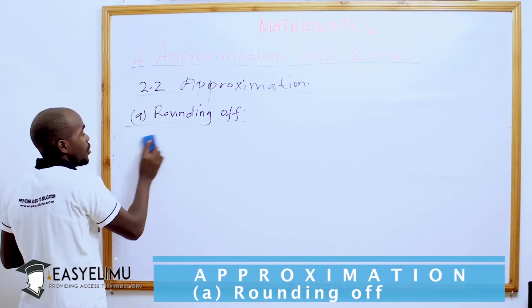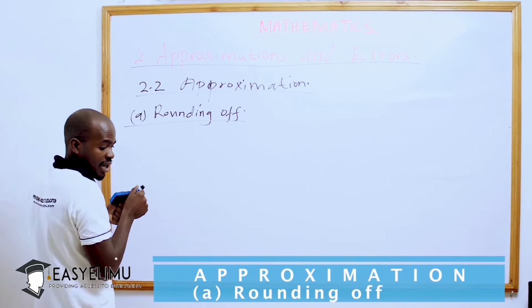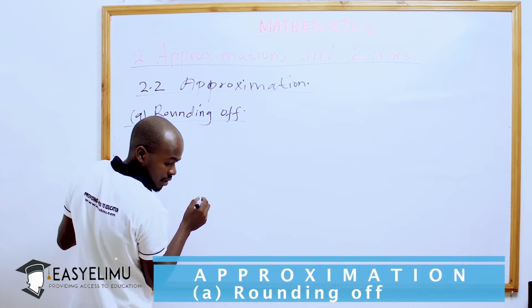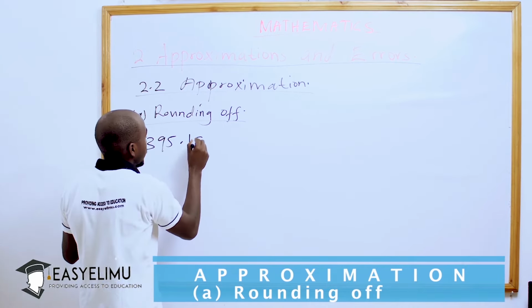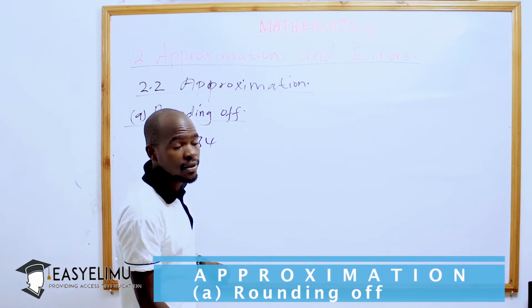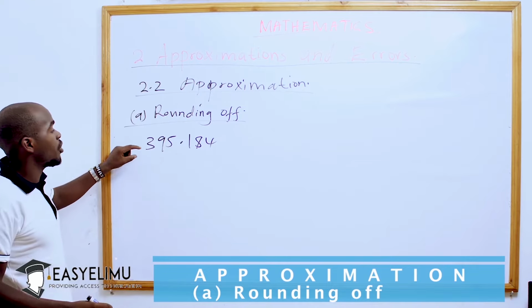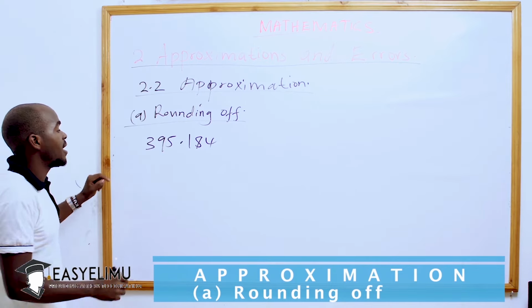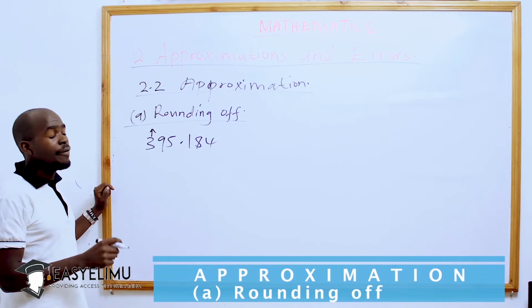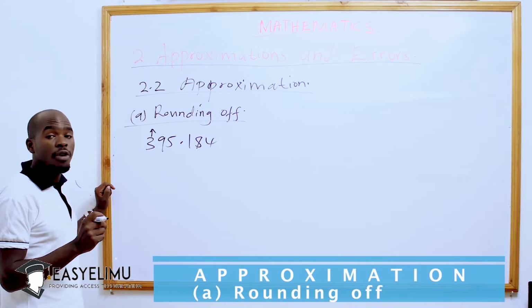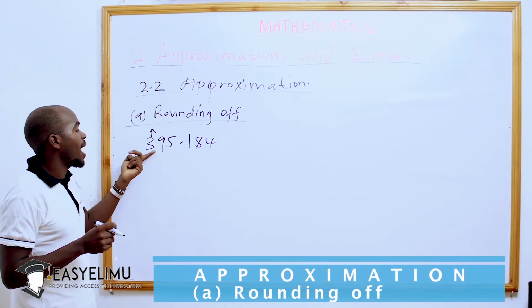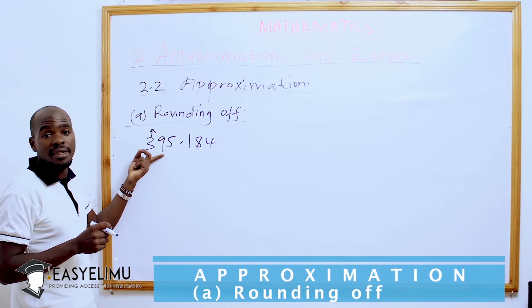For example, we have 395.184. You are being asked to round off to the nearest hundreds. So if we have to round off to the nearest hundred, we find that the digit of hundreds is here, digit 3. So we shall look at the number which is in the tens digit.